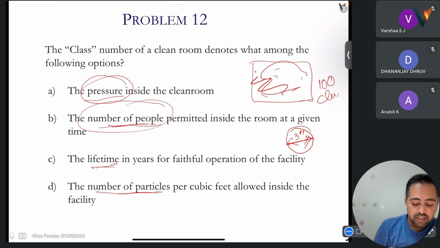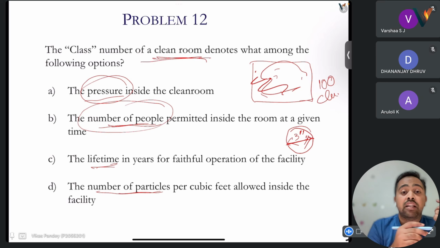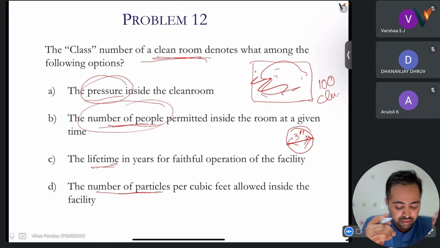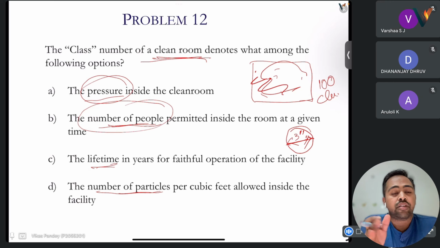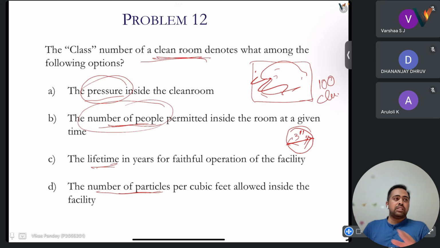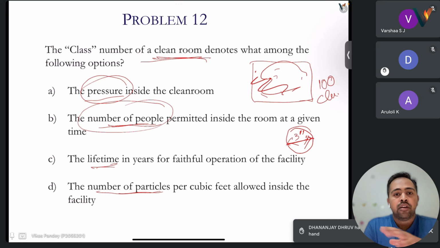That is why these clean rooms are very important, and there is a classification of clean rooms. In the next class, I'll try to put up the table of how clean rooms are classified. And later in the course you will also see how a clean room facility is maintained in ISC.